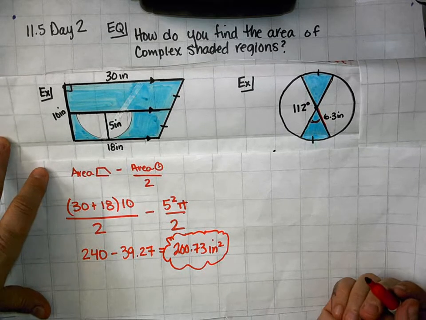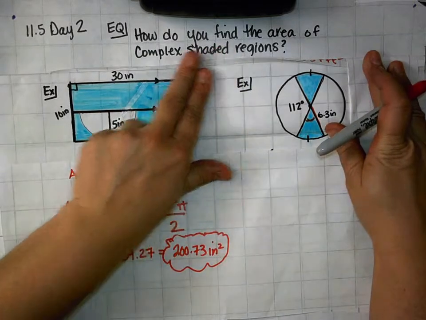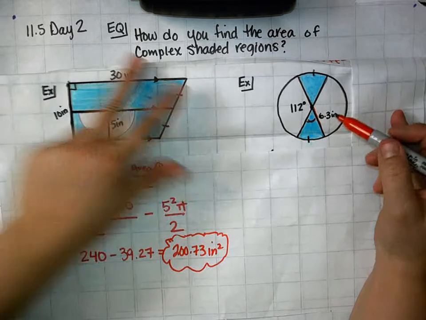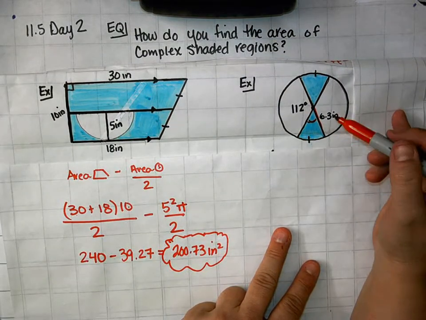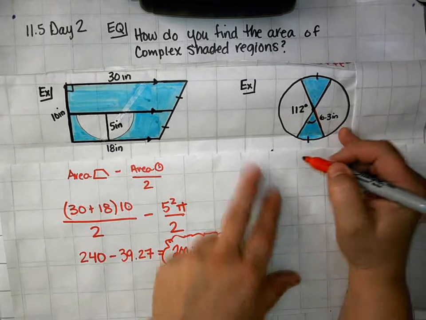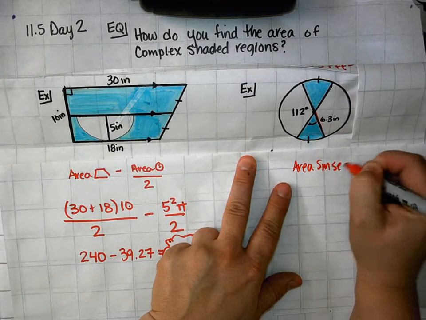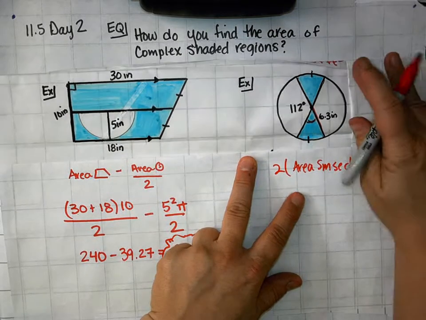Moving on to example number 4. This looks to me like it is a circle with 2 small sectors shaded. So it looks like I just have to find the area of a small sector and then multiply it by 2.